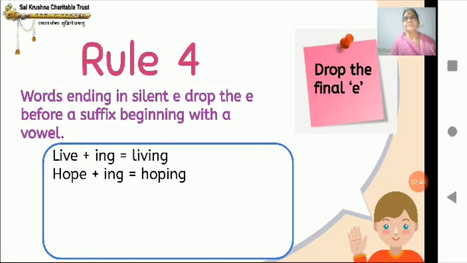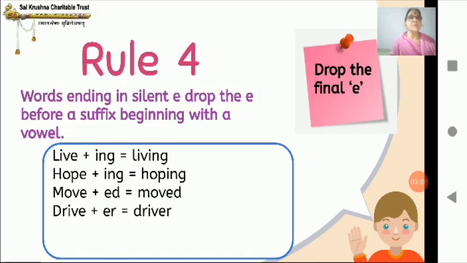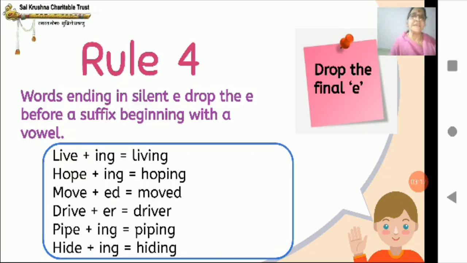Hope plus ing becomes hoping. Move plus ed becomes moved. You don't write M-O-V-E-E-D. Moved. M-O-V-E-D. Drive plus er, driver. Are you dropping the final E or not? Yes. Pipe plus ing, piping. Hide plus ing, hiding.